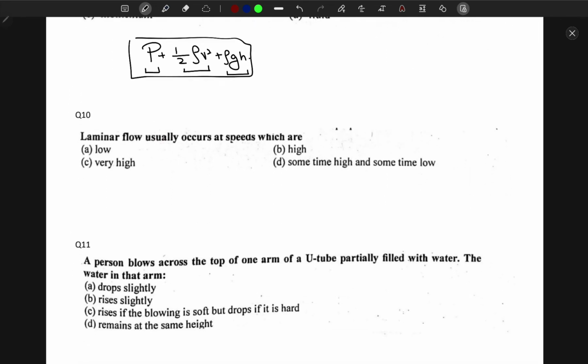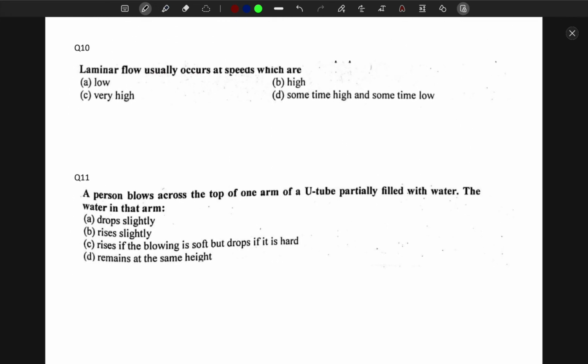Moving on, we have question number 10, and it reads, laminar flow usually occurs at speeds which are what? Low, very high, high, sometimes high and sometimes low.